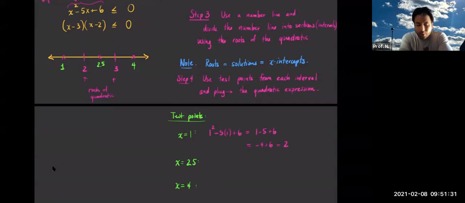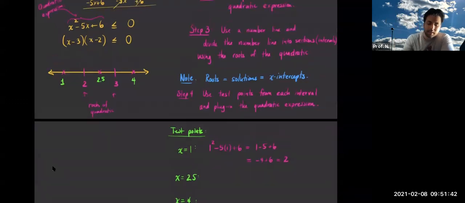Well, I'm trying to look for which one of these intervals include the x values that satisfy my inequality. So my inequality originally says that the quadratic, whatever the quadratic is, must be less than or equal to 0. Well, I plugged in a number from this interval, and I realized that my number at the end is a 2. Is this smaller or bigger than 0?